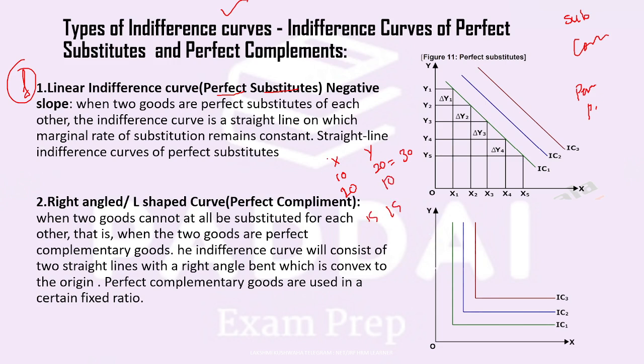When these goods are perfect substitutes, it means X can be completely replaced by Y. It means all 30 are Y, and all 30 are X. They are completely substitutable. So if I have to draw the first one, X is 30, somewhere here, just an idea. When Y is 30, it would be somewhere here.